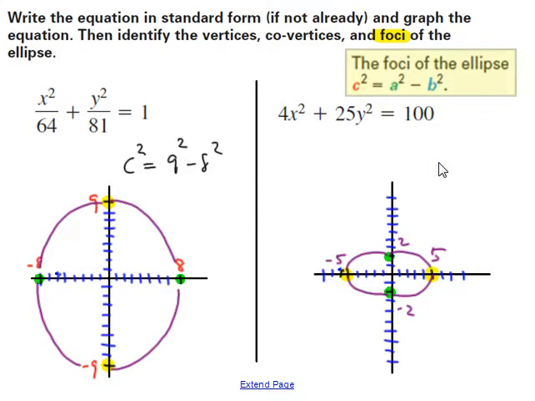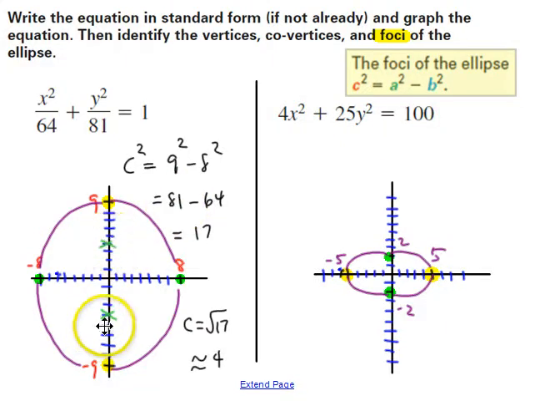Okay, in the left example, that means c squared is equal to 9 squared minus 8 squared, or in other words, c squared is 17. That makes c the square root of 17, which is roughly 4. And those small green x's that I've made are the 2 focuses. That's where the 2 toothpicks would be in this diagram.